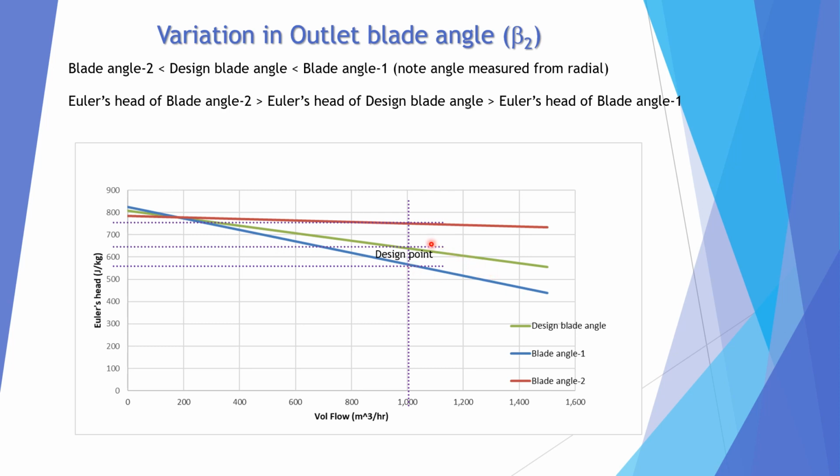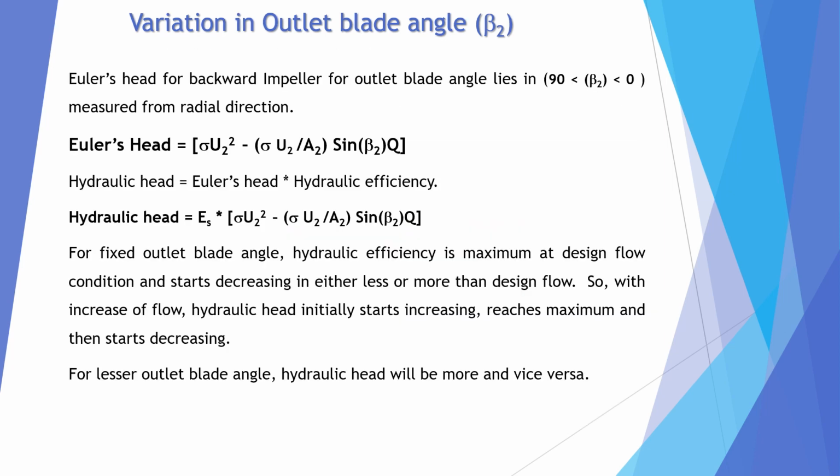So even though all are backward blade angles, backward impellers, when beta 2 is changing, it will impact the Euler head for a particular flow, which can be seen from this graph.